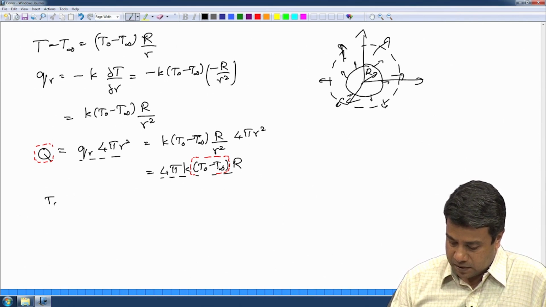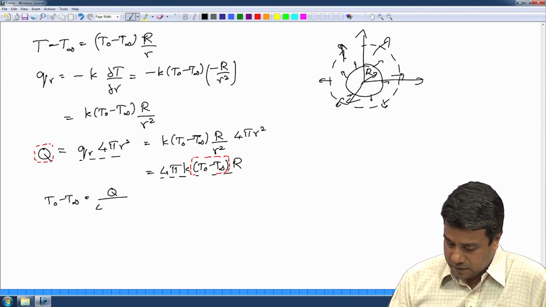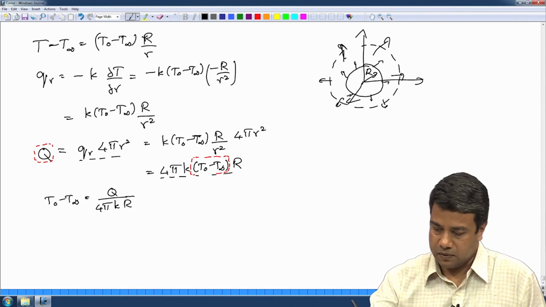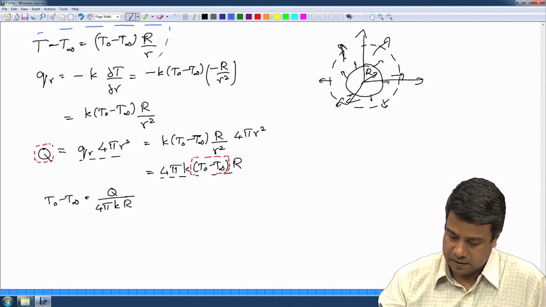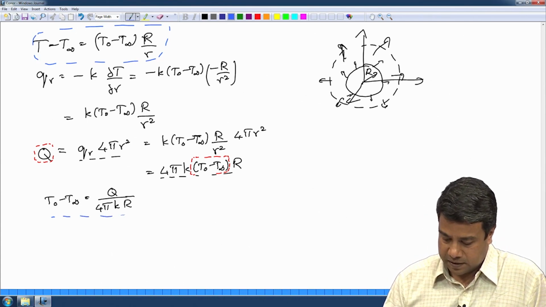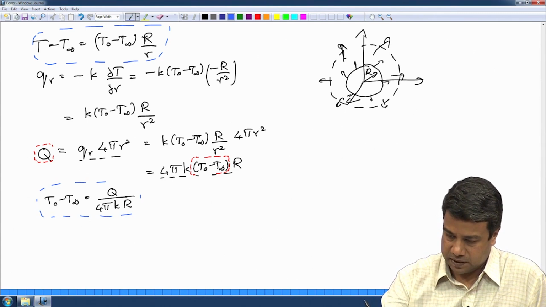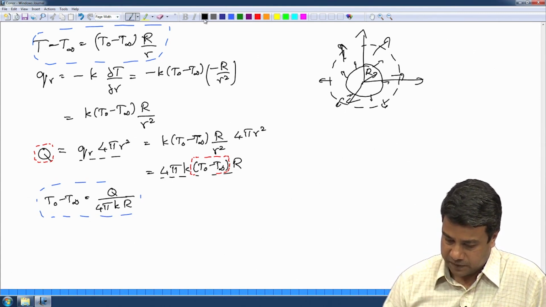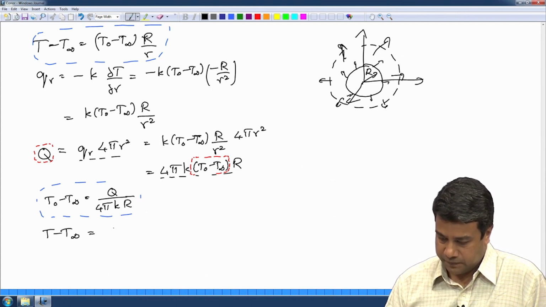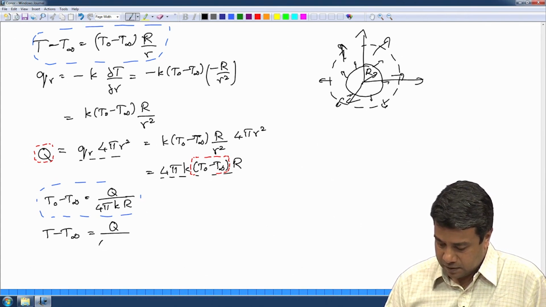I just substitute T naught minus T infinity is equal to Q by 4 pi K into R, from this equation, into this expression here. If I substitute for T naught in this manner, what I will get is that T minus T infinity is equal to Q by 4 pi K into R.